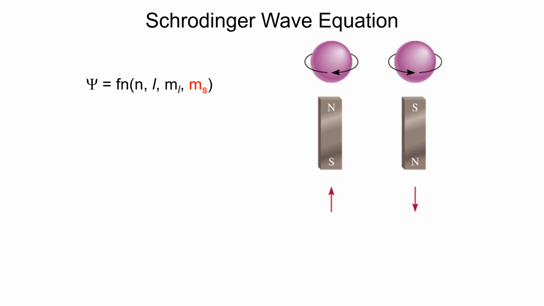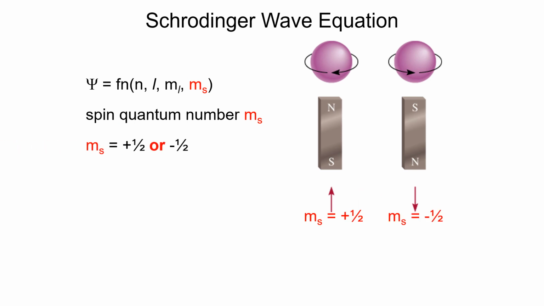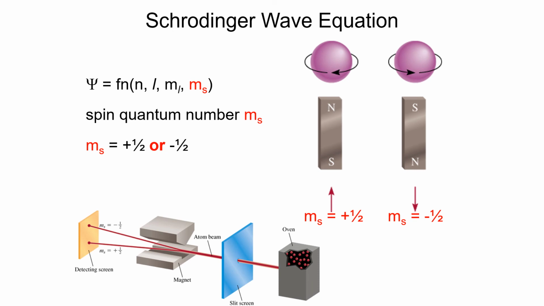This is their experimental setup for this work, where they have an oven, they're heating these atoms up, there's a slit in the screen, so there's a beam coming out of here.